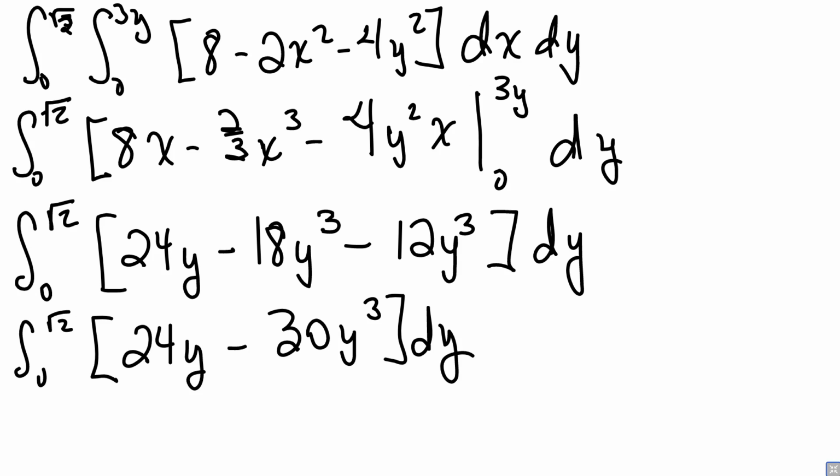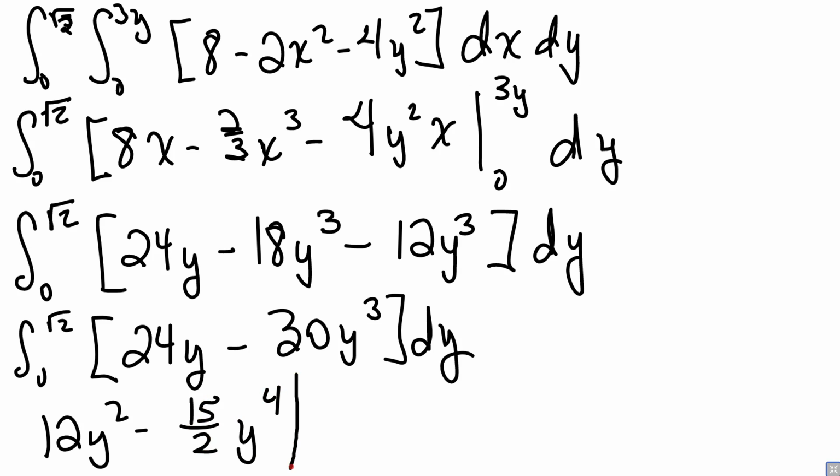So now we're ready to integrate with respect to y. If we integrate with respect to y, we're going to end up with 12y squared minus, I think we're going to have 15 halves y to the fourth, evaluated from 0 to the square root of 2. At 0, it's going to be 0, which is nice. So all we got to do is plug in the square root of 2.